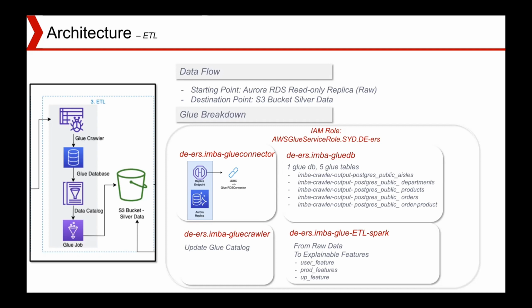And then next, we built Glue's ETL process. We built the Spark-based Glue job to transform the information in the 5 tables by constructing more detailed and meaningful data features, and we then store the processed data into the S3 bucket as silver data for subsequent machine learning modeling.